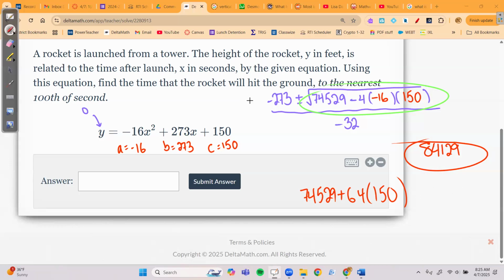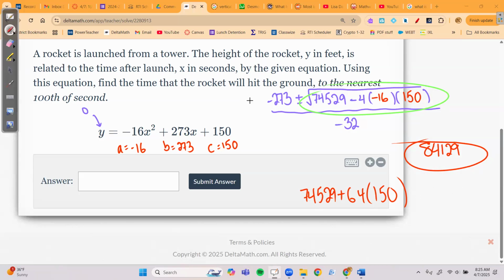Do you know where your own buttons are? Which is why it's imperative that you have one that you know how to use. So I'm interested in that square root. On yours, you probably have to hit like second x squared, something like that. You should know how to find a square root on a calculator by the end of your junior year.